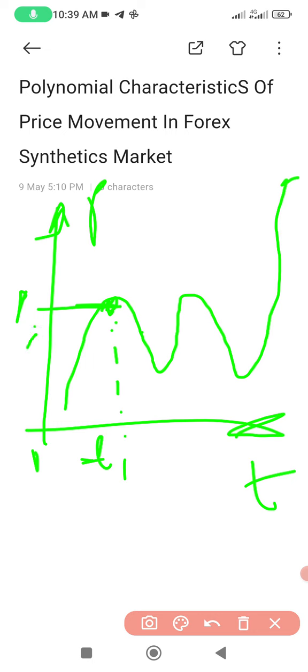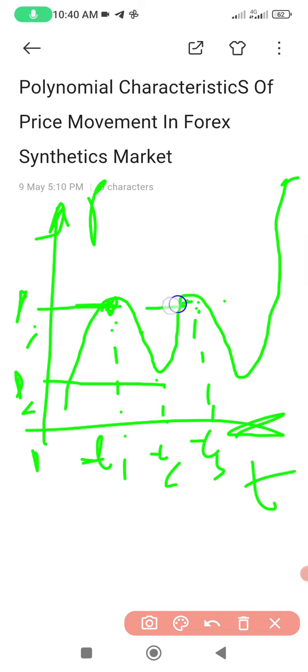And here we have this component T2, and the price is P2. Here we have this price at the time T3, and it is basically having the same price as this.